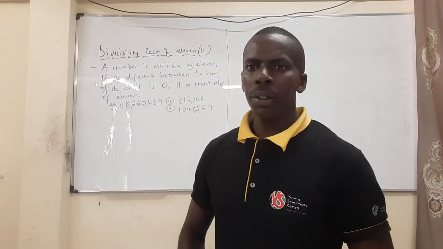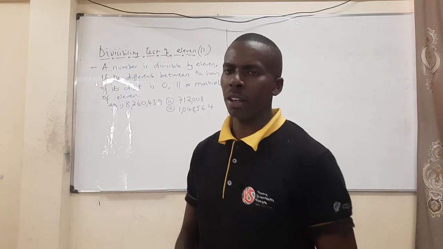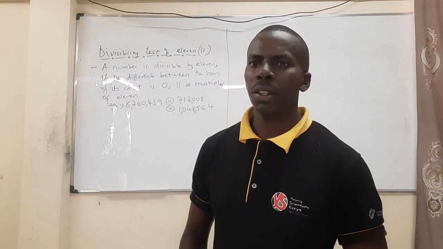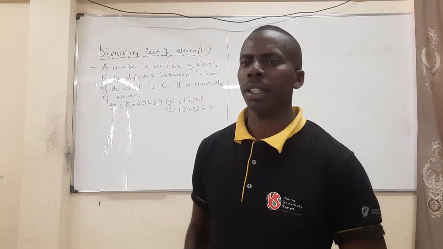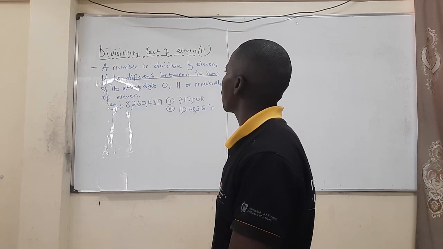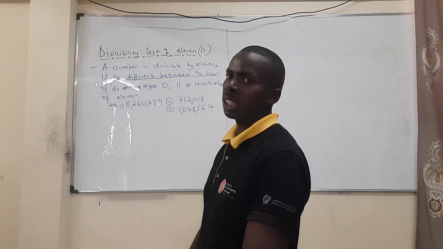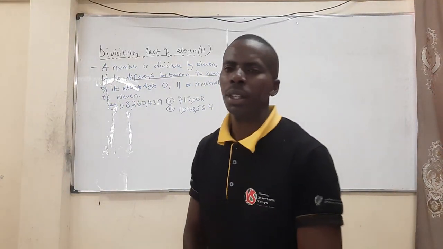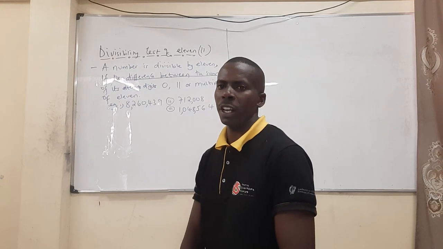Now we are going to look at the divisibility test of 11. How can we know that a number is divisible by 11? A number is divisible by 11 if the difference between the sum of its alternate digits is 0, 11, or multiples of 11.